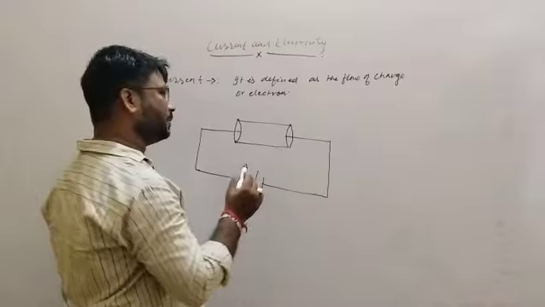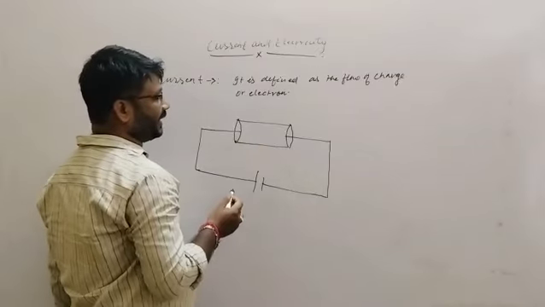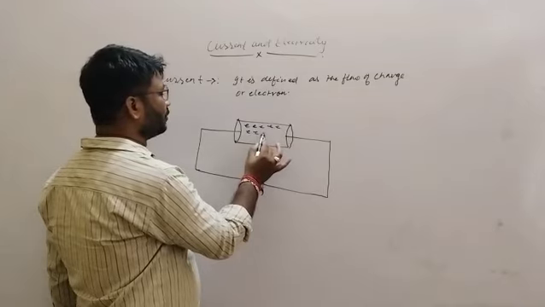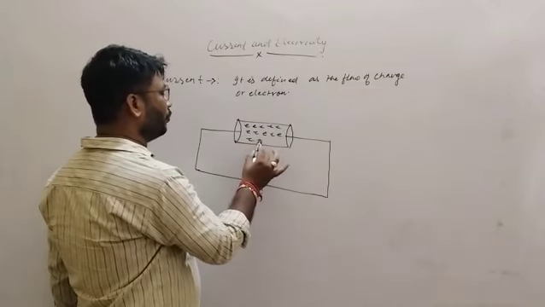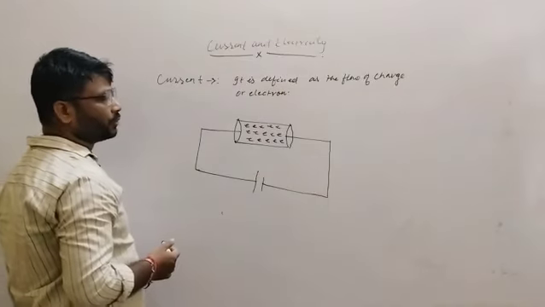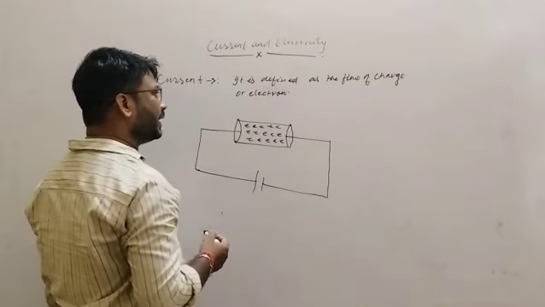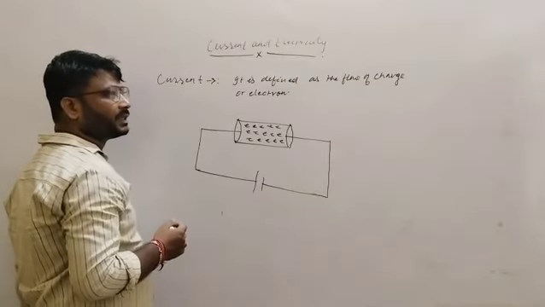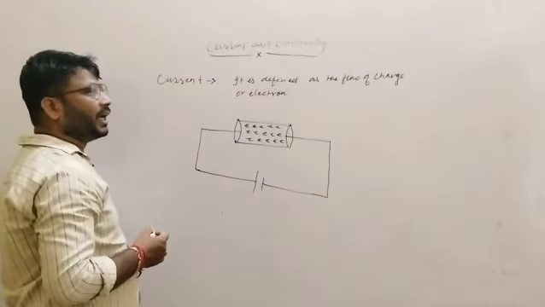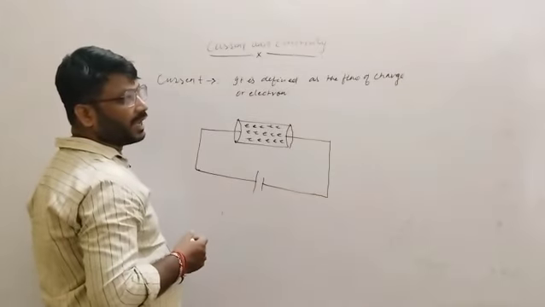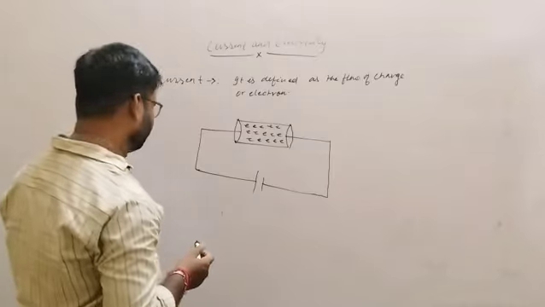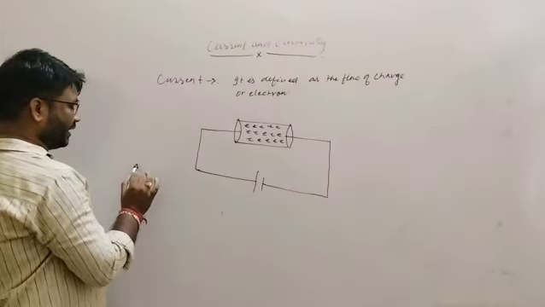As we know, in metals or in any conductors there are free electrons. These free electrons move randomly when not connected to an external source. In that case, the electrons are in random motion. If we calculate the average speed of these motions, it gives the velocity of the electron.